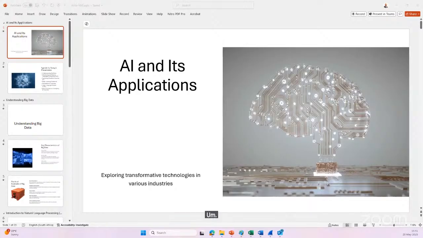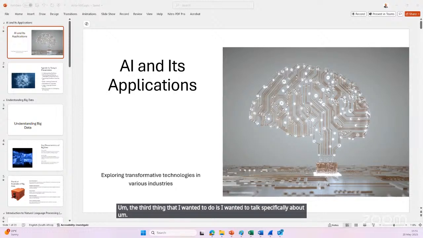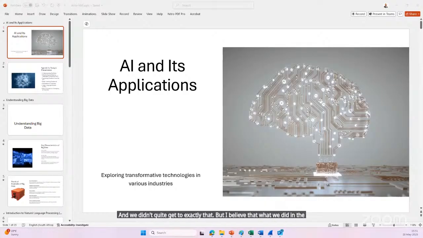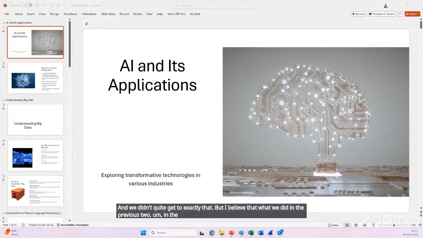The third thing that I wanted to do is talk specifically about policy design, policy development, and curriculum design and development. And we didn't quite get to exactly that, but I believe that what we did in the previous two topics, we would be able to apply directly into policy design as well as curriculum development.